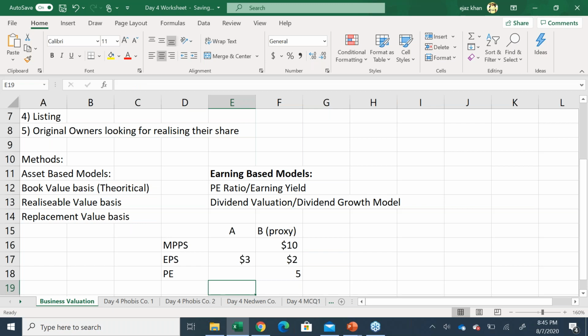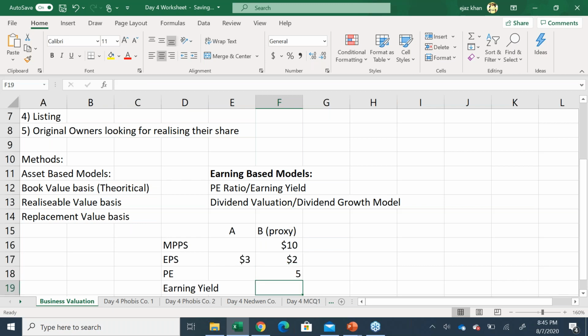We can also find out the earning yield of this company. Earning yield is basically the return. So if this company is generating $2 earning against a $10 investment, what is the percentage return? What is going to be the percentage of return? This investment has a value of $10 and it generates a return of $2.